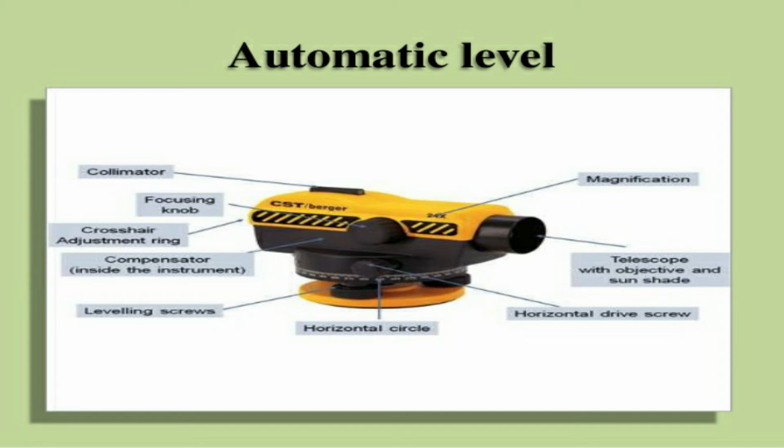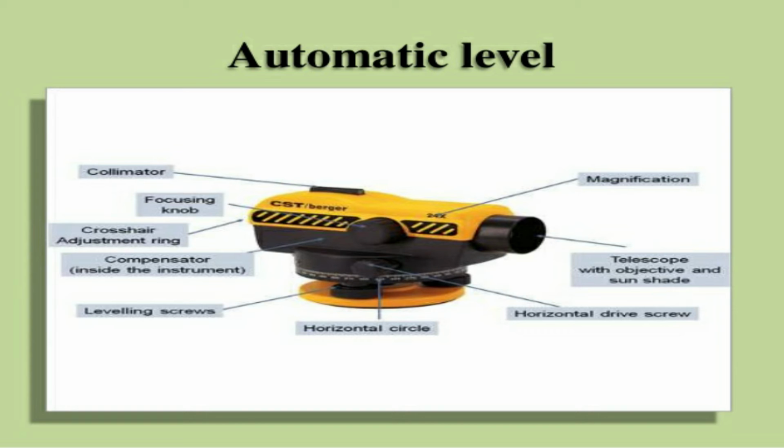Whatever may be the type of automatic level used, it must be leveled to within approximately 15 to 30 minutes of the vertical to allow the compensator to work. This is usually achieved by using a 3-foot screw arrangement in conjunction with a small circular level which is mounted somewhere on the level.